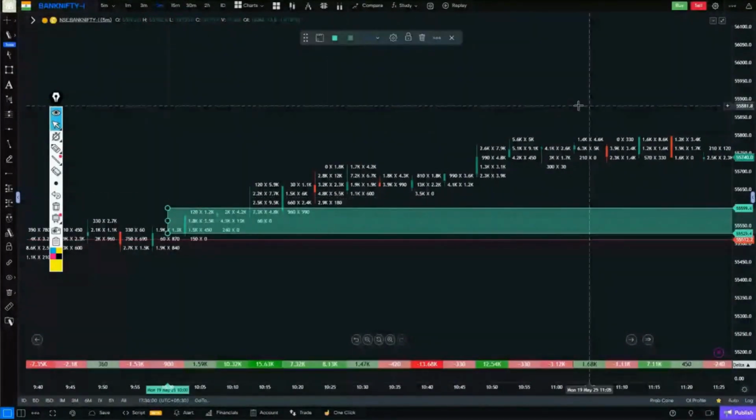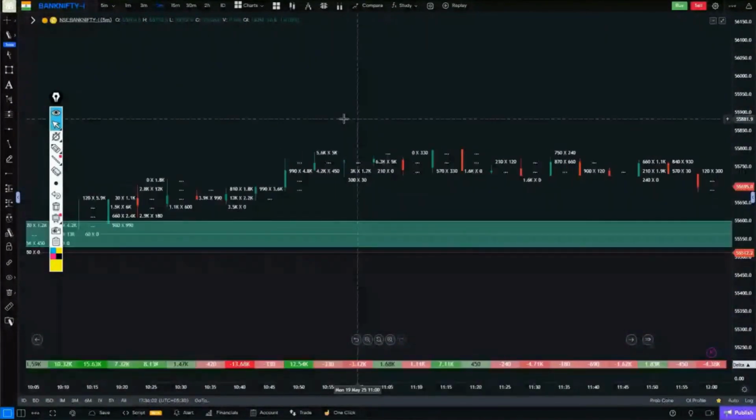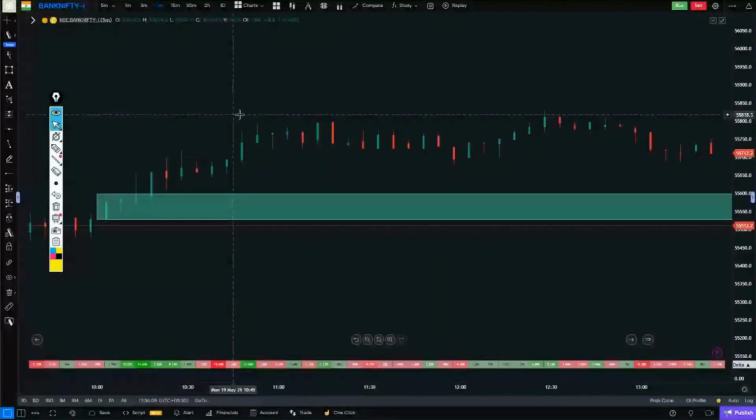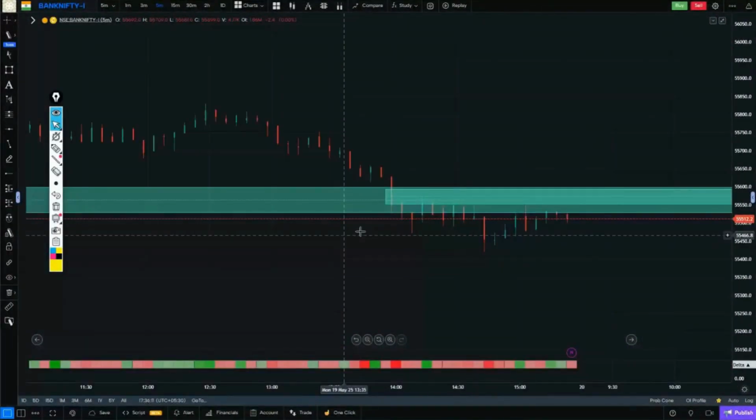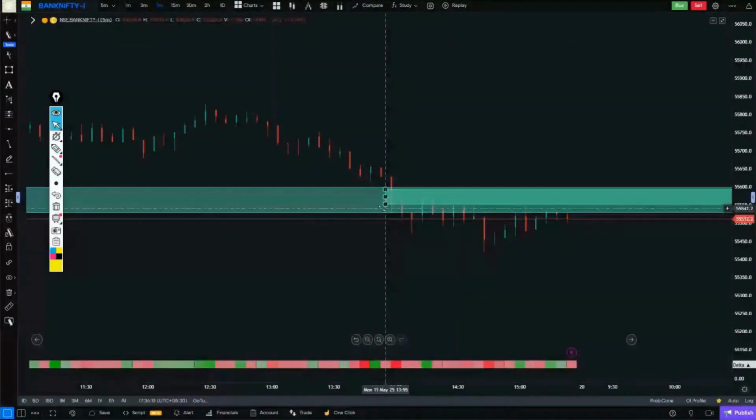There was a bit of a mild rejection seen. Otherwise, just like Nifty, this too got stuck at the high. Just like Nifty made its day high, this too got stuck right there. And at the time of breaking this same candle's zone, selling came in, and that selling acted as resistance.